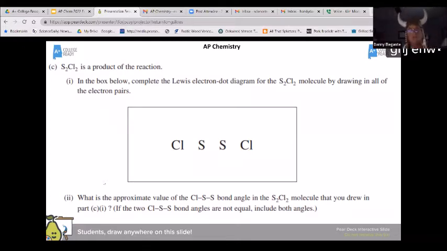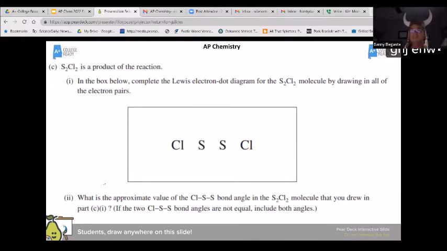But I will help you calculate a little bit just in case you don't have a periodic table in front of you. So chlorine has 7 valence electrons. There's 2 chlorines, each with 7 valence electrons. So that's a total of 14 valence electrons. And sulfur is right underneath oxygen.